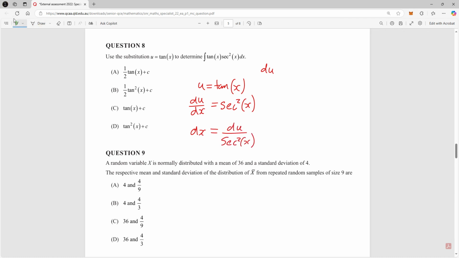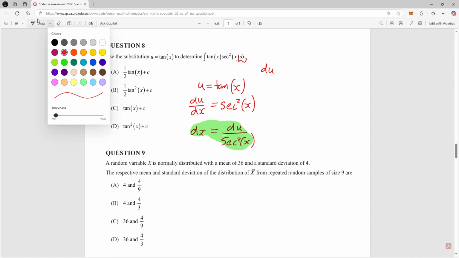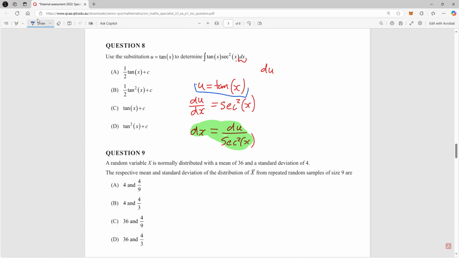So if we substitute this in, just here, this is what we get for our integral. So we get the integral of u sec squared x du over sec squared x, and they cancel out. So we'll just have the integral of u du, okay?